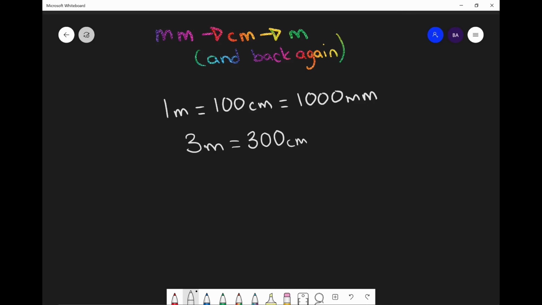Now, if I wanted to know how many millimeters there are in 3 meters, then I would multiply by 1,000, or stick 3 zeros on to the end of that 3. So that means 3 meters is 3,000 millimeters.